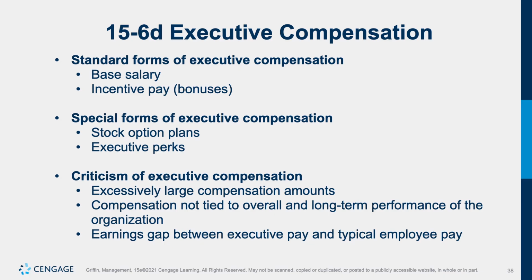There are two important criticisms of executive compensation in the United States today. The first would be that many feel that executive compensation, which averages over $1 million for most executives in many organizations, is simply too high, particularly in comparison to the salary of other employees. Also, there often seems to be little or no relationship between the performance of the organization and the compensation that is paid to these executives.